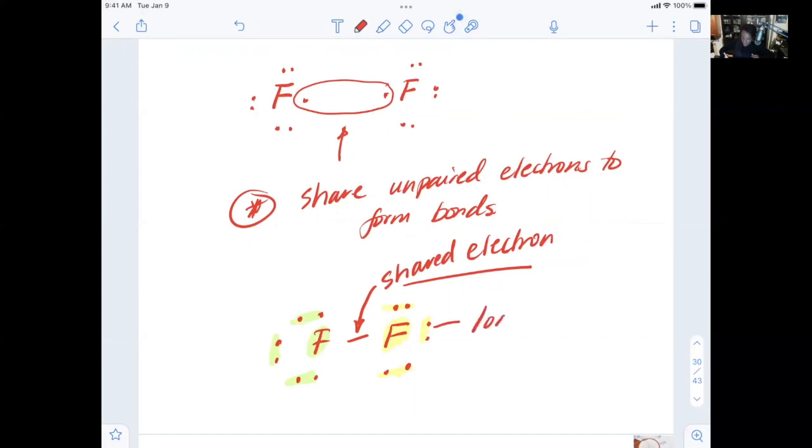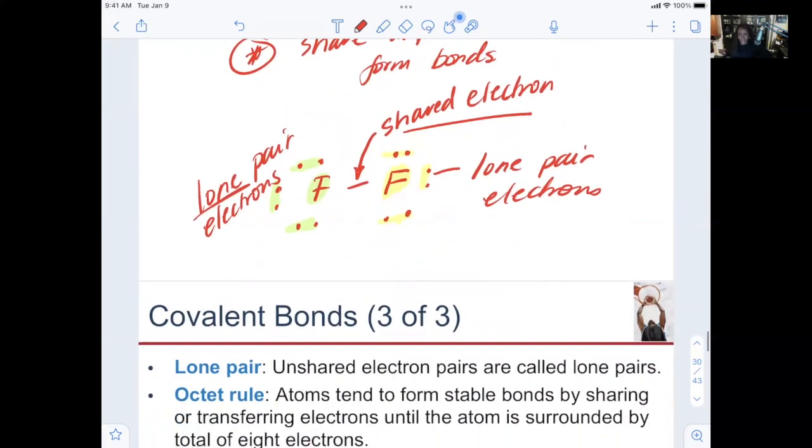So these are lone pair electrons, belonging to only one element. Ergo lone, one alone. That's kind of how I viewed it when I was going to school. I thought, okay, the terminology explains what's going on.